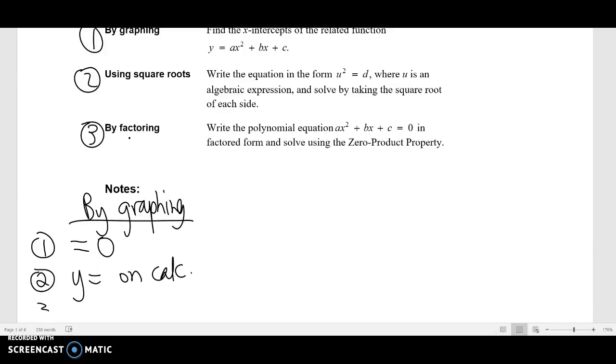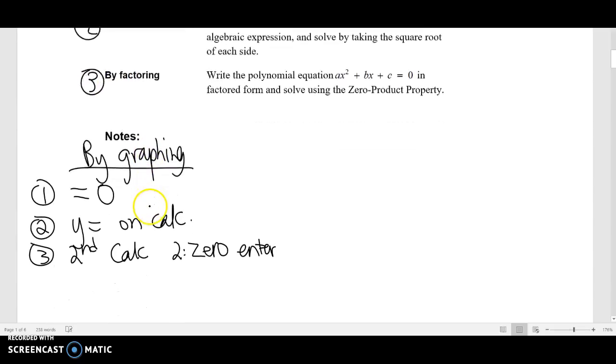And the third thing we want to do is hit the second calc button. It's the trace button at the top. And then you're going to go to number 2, which is 0, and push enter.